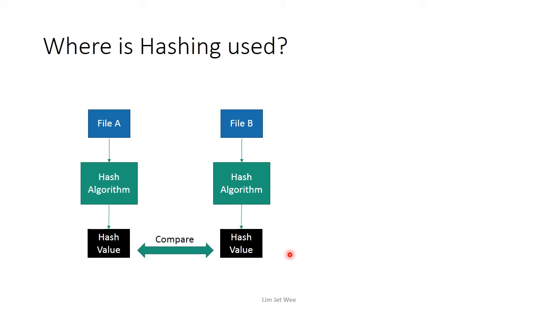Then these two hash values are compared. If the hash values come out the same, then these two files are exactly the same, because it is impossible for two different files as input to produce the same hash value.